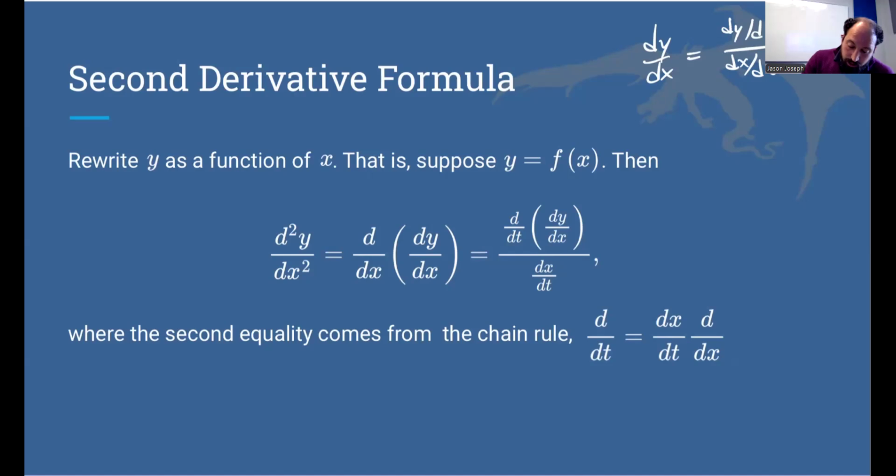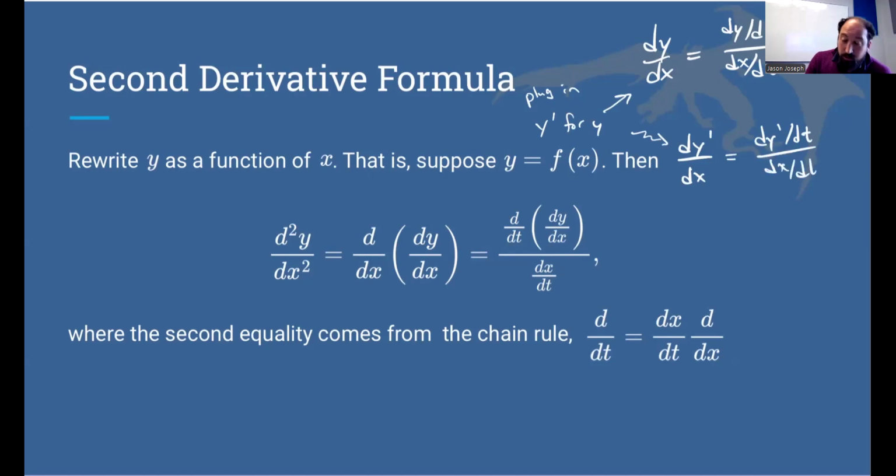The kind of sneaky way to get this is that you plug in y prime for y on both sides of this equation, and that gives you dy prime dx equals dy prime dt divided by dx dt. So it's the same formula as before, but we're just plugging in y prime instead of y.